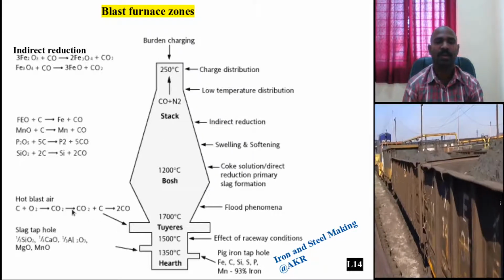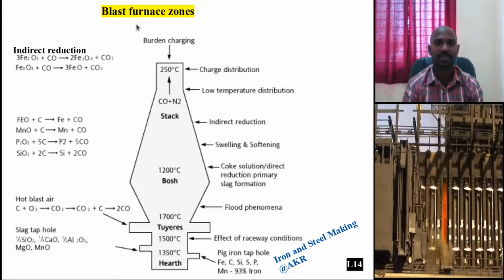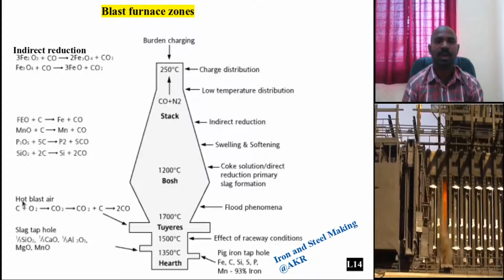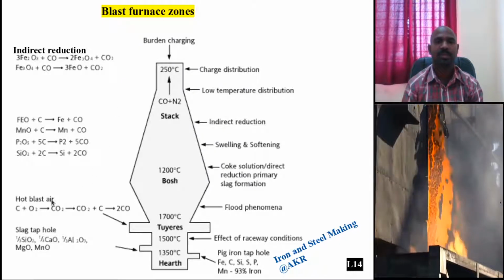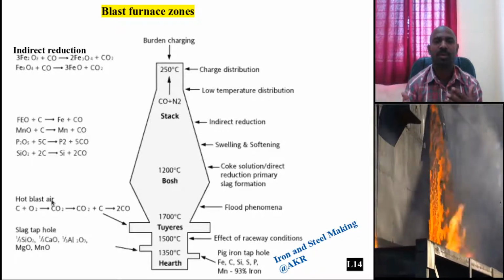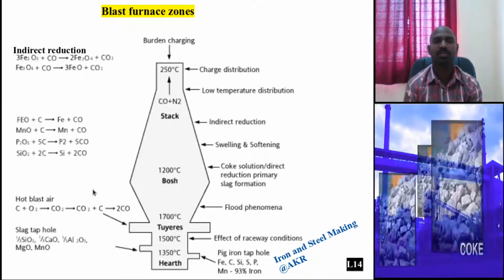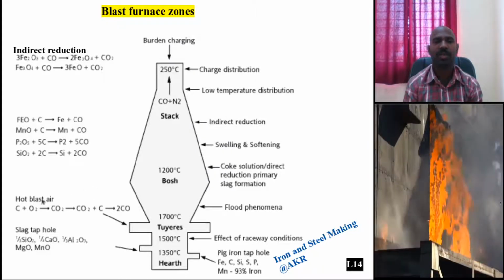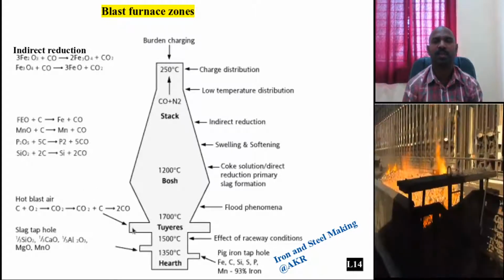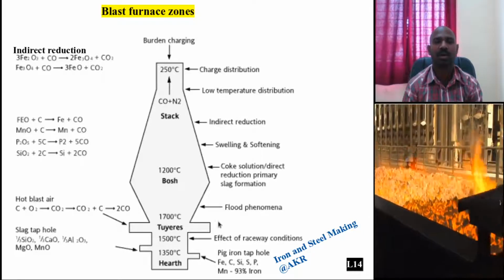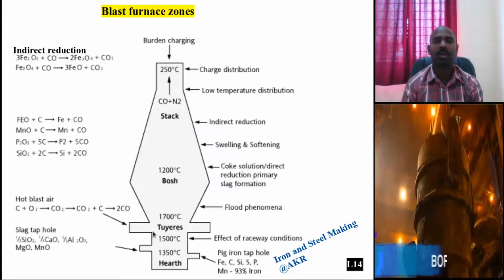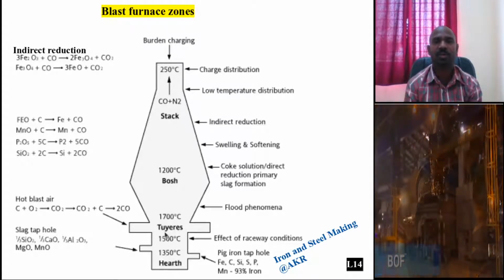Since this furnace is called a blast furnace, you are sending the hot blast air. Air is composed of CO2, oxygen, nitrogen. This hot blast air is sent through the tuyeres which are surrounded at the bottom, which is above the hearth zone.